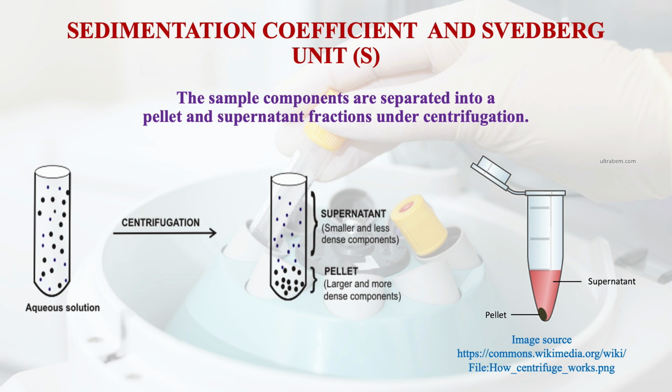The pellet is the sedimented fraction and the supernatant is the unsedimented fraction. It means the pellet contains heavy dense particles and the supernatant contains less dense particles. So the pellet fraction sediments first as compared to the supernatant fraction.